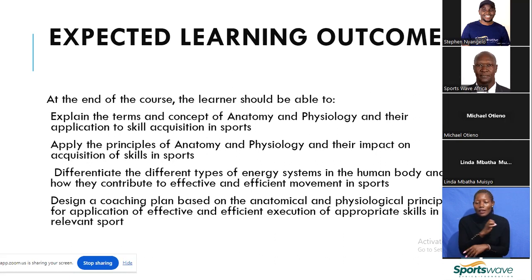That to me is very important. And we'll come to that chapter where we are differentiating the types of energy systems in the human body and how they contribute to effective and efficient movement in sports. And then at the end of it all, coaches ought to be able to design a coaching plan based on those principles for application of effective and efficient execution of appropriate skills in the relevant sport.